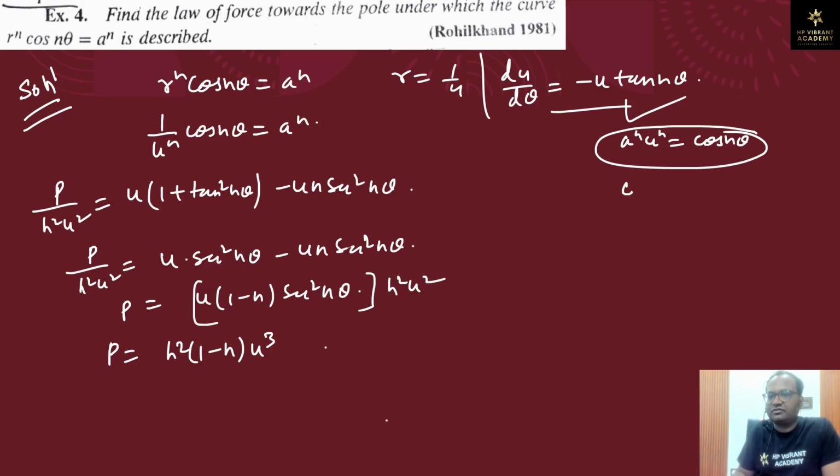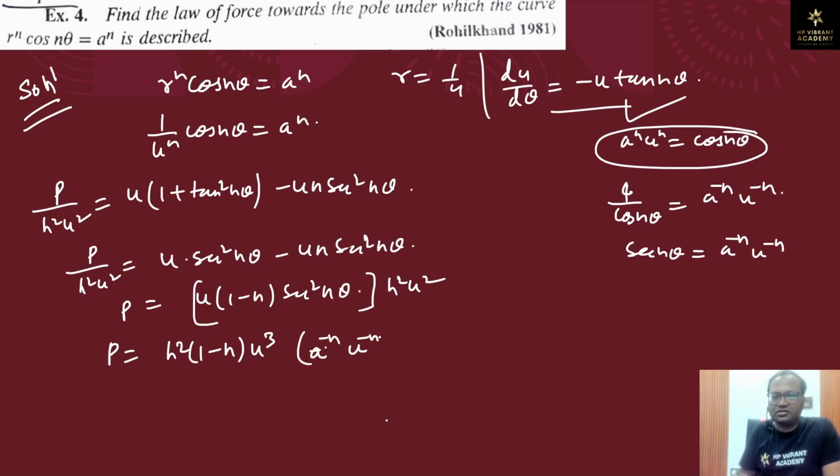From here, 1 upon cos of n theta is equal to a to the power minus n u to the power minus n. So sec of n theta is equal to a to the power minus n u to the power minus n, and sec square n theta is a to the power minus 2n u to the power minus 2n. So we have p is equal to h square 1 minus n u cube a to the power minus 2n u to the power minus 2n.